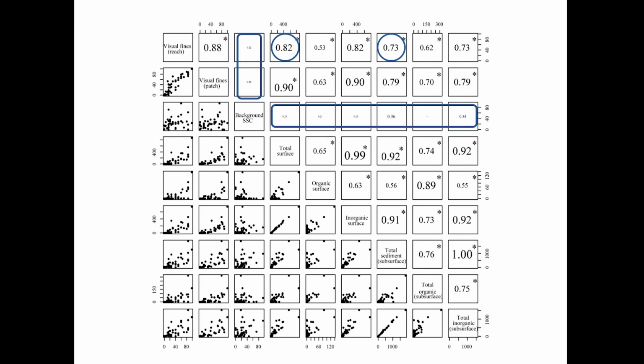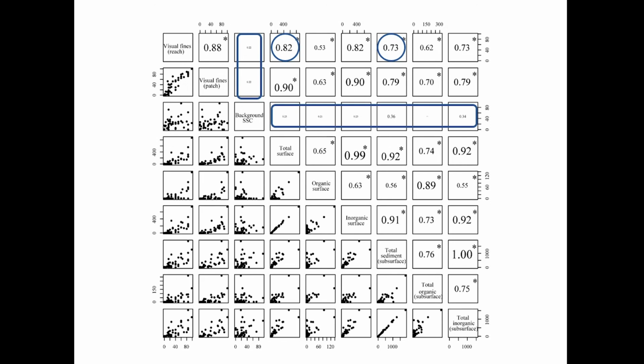So in the past, visual estimates of fine sediment have been criticised because they have high user variability and it can be quite subjective. However, I find a really high and significant correlation between visual estimates and total surface sediment from the fully quantitative method.